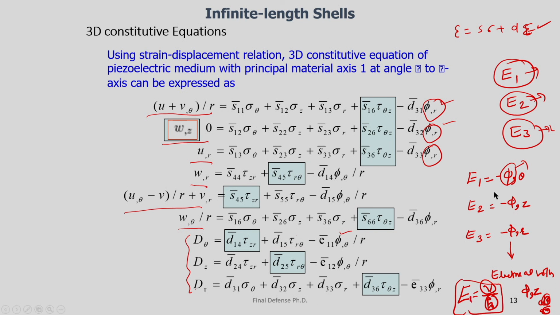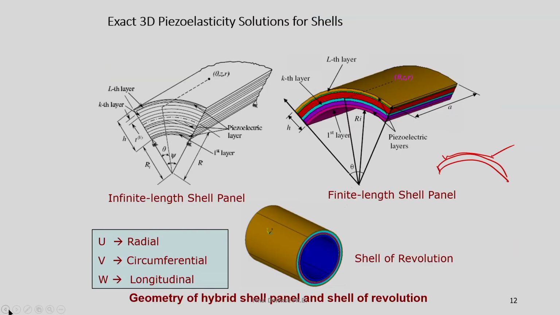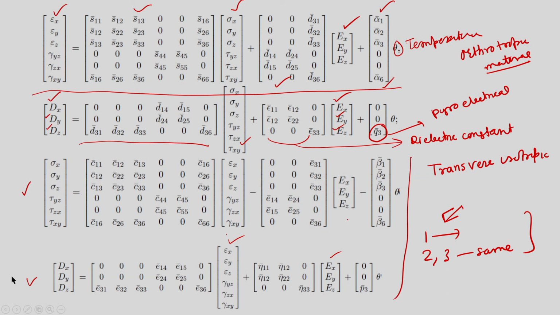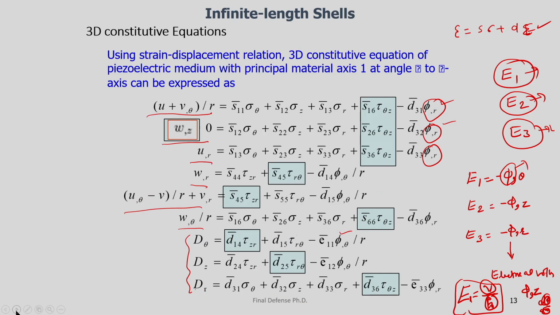Here we are talking about D31, D32, D33. If you see the first equation, D31, the third comes into the picture, E3. So E3 is minus phi comma r. That is why it is written as phi comma r, where E2 is phi comma theta and phi comma z.